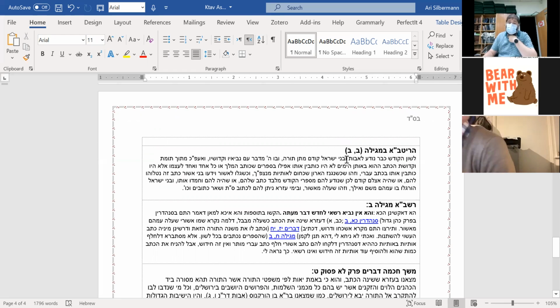And let's just read the Ritva here, what he says. It's brought in Megillah, because that's where you have the discussion about the Nes. Hebrew was known to the Avot and Bnei Yisrael before Matan Torah, and that is the language that Hashem speaks to his prophets.